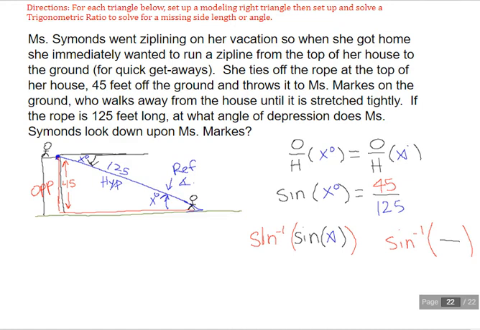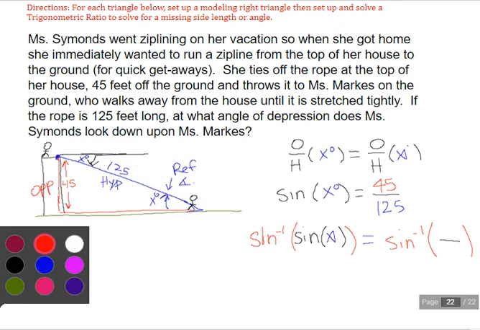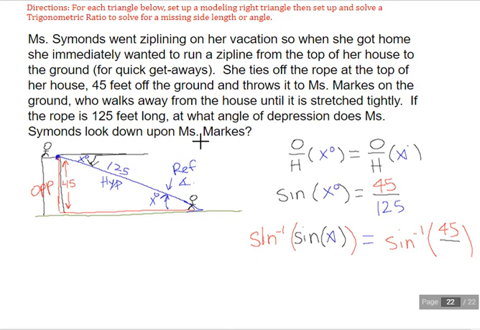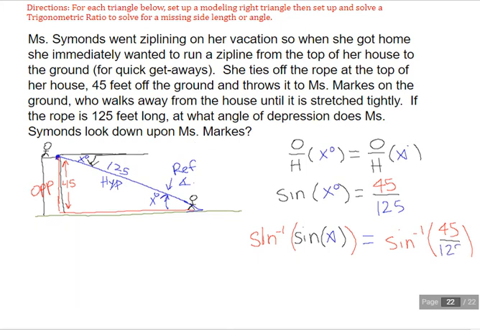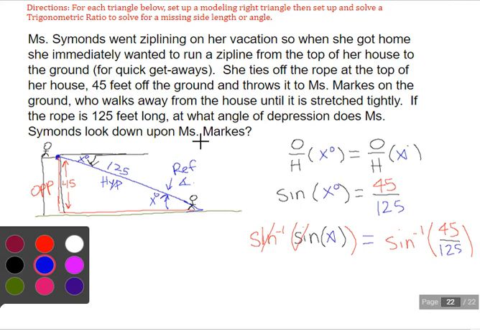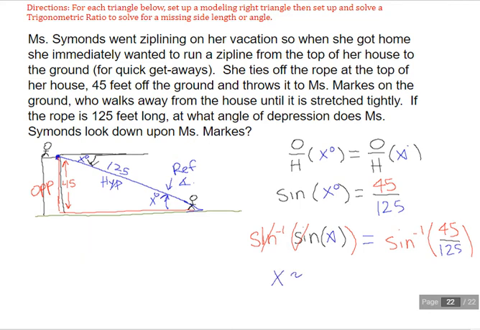And on the right-hand side, we'll apply it to the ratio, 45 over 125. Okay, on the left-hand side, the sines will cancel.